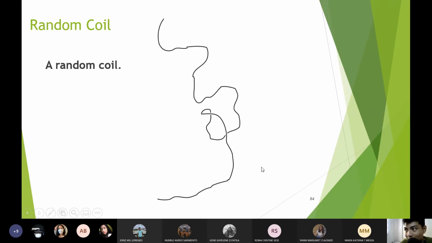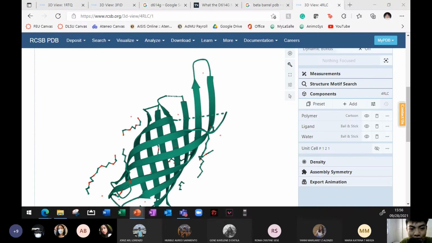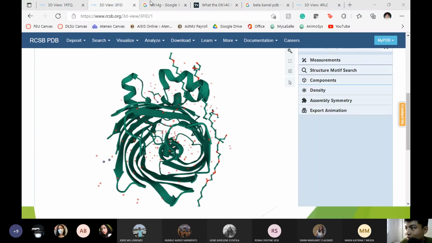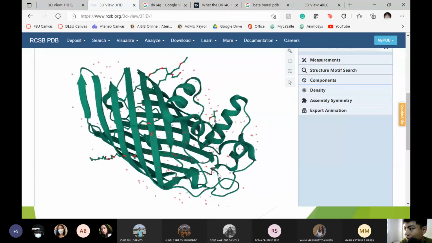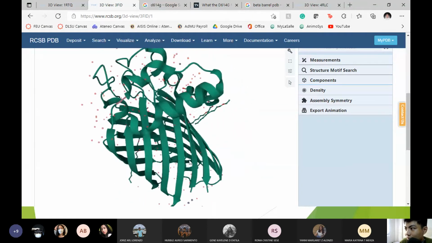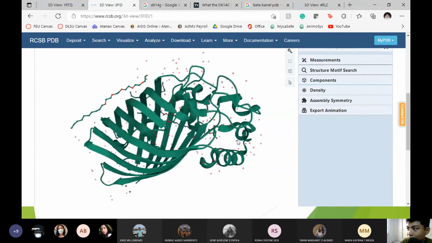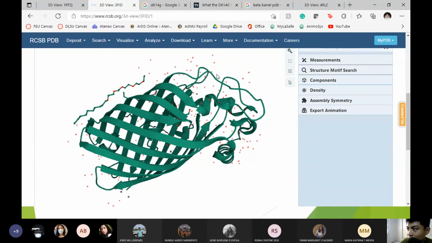And then sometimes, you saw earlier, random coils. Where is the random coil here? If you see something that looks messy, it has no secondary structure. For example, this region here is called a random coil.